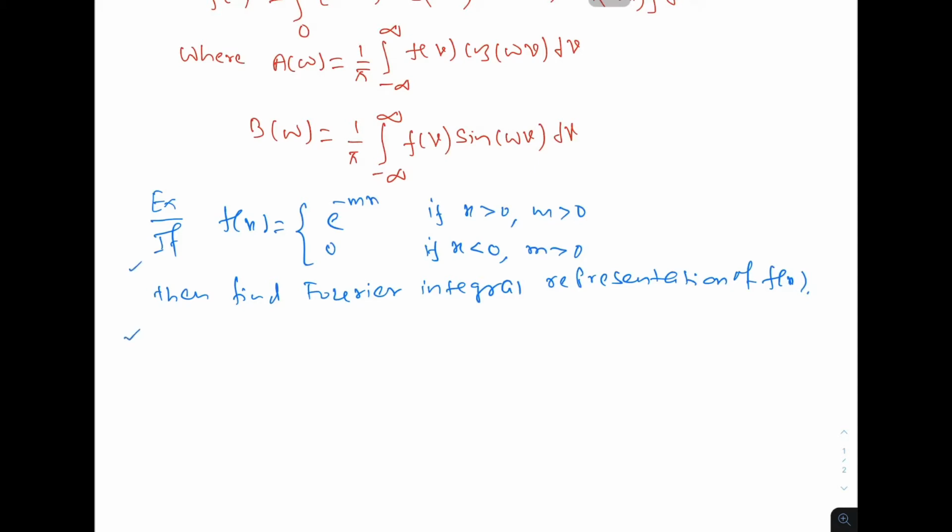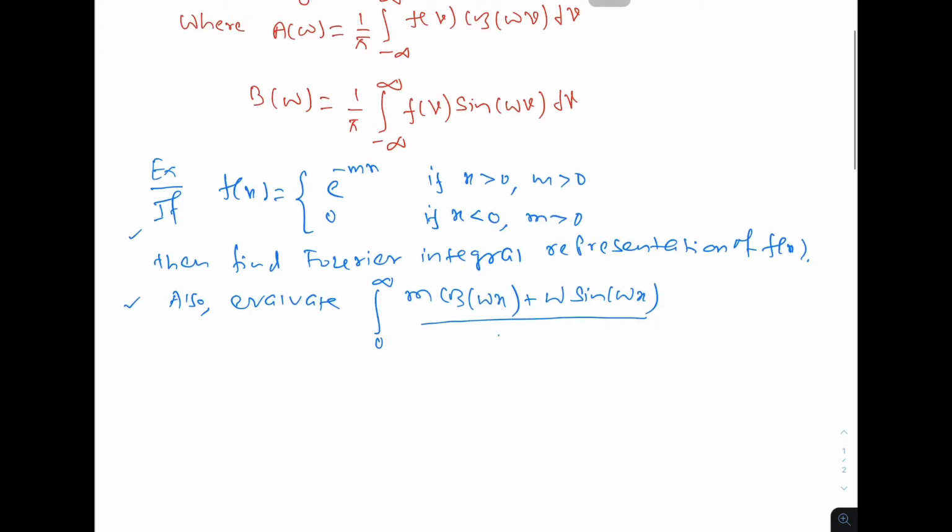Moreover, find, or you can evaluate, the integration 0 to infinity of [m cosine(omega x) plus omega sin(omega x)] over (m square plus omega square) d omega.